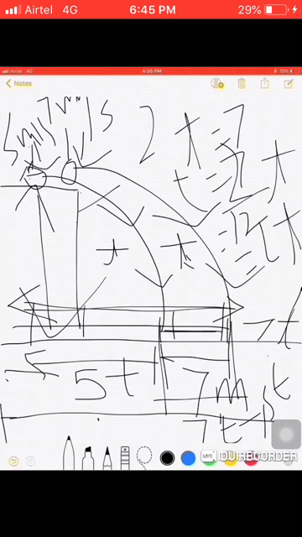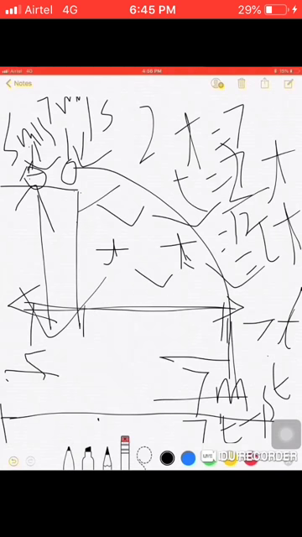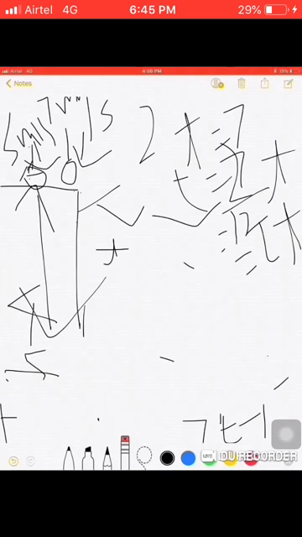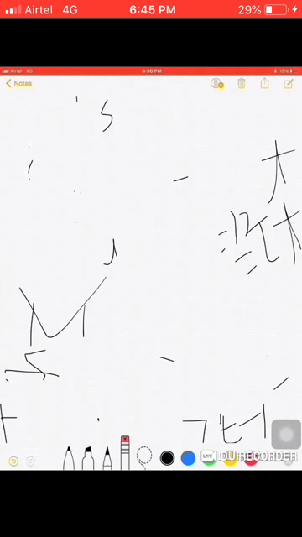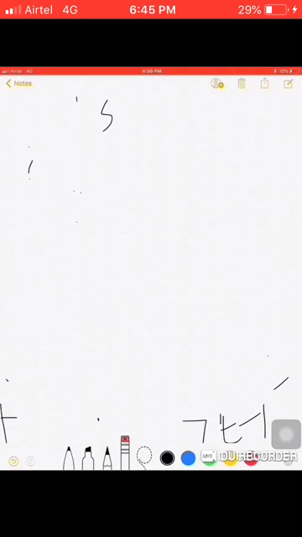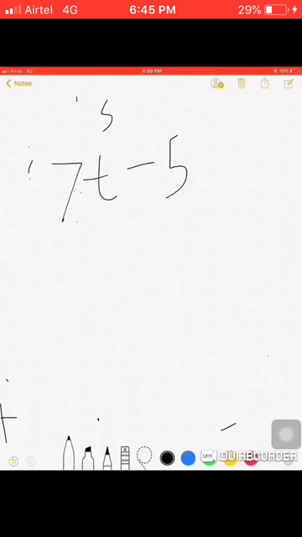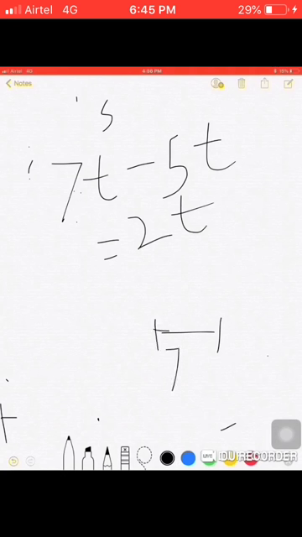So we got 7t minus 5t is equal to 2t, and we know that this length was 7 meters.